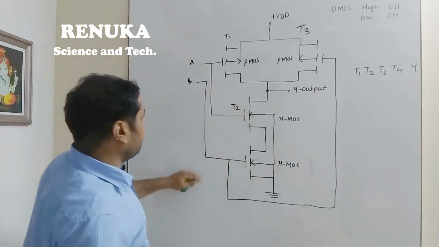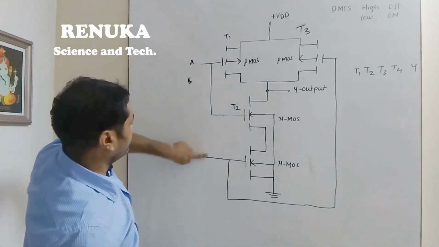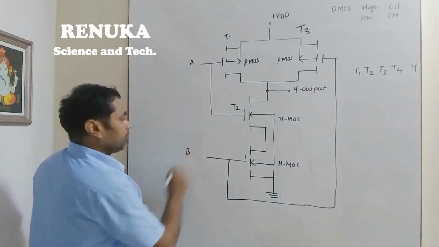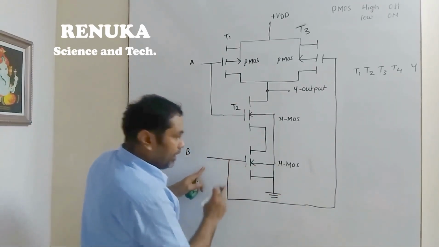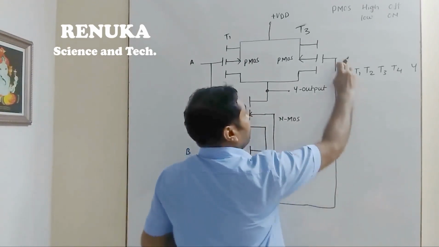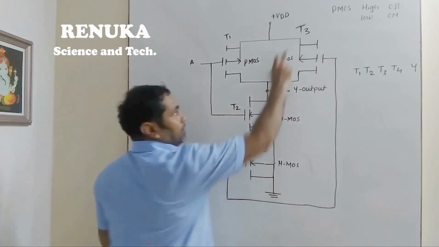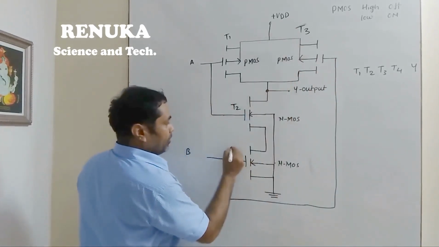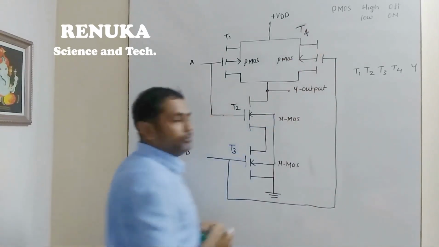The second complementary connection is B. Let this be your B. B is connected to the gate of this NMOS, and the same B is connected to the gate of this PMOS. So the second complementary connection is T3 and T4. I will call this T3 and this your T4.